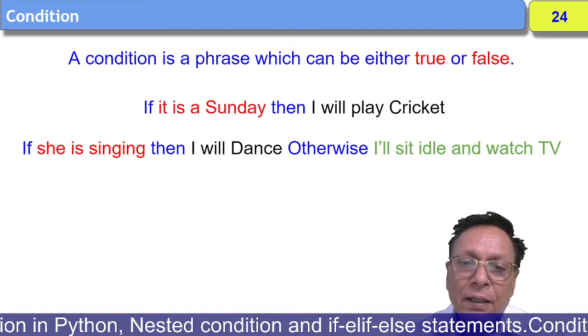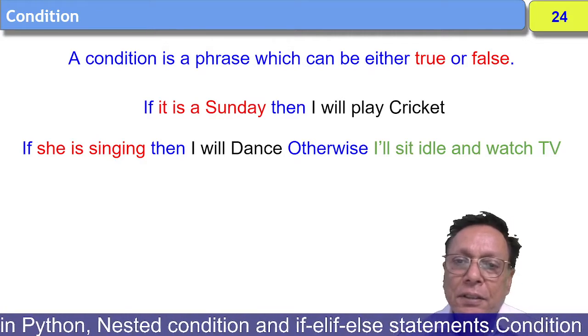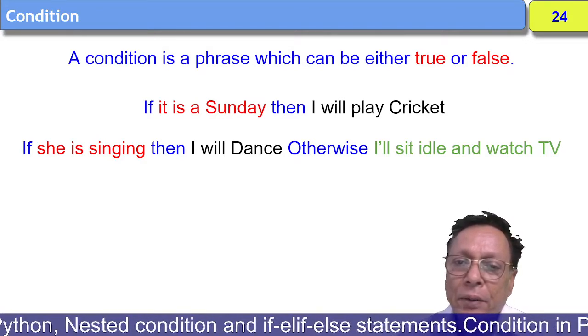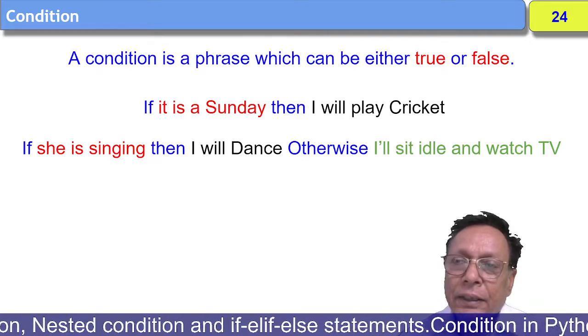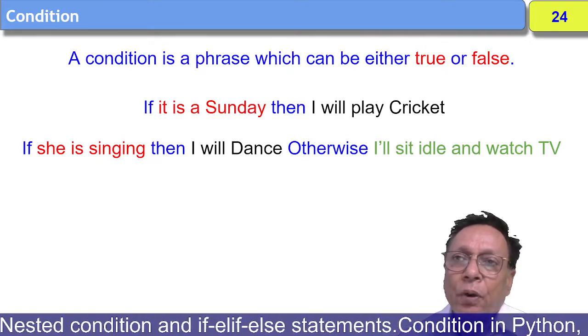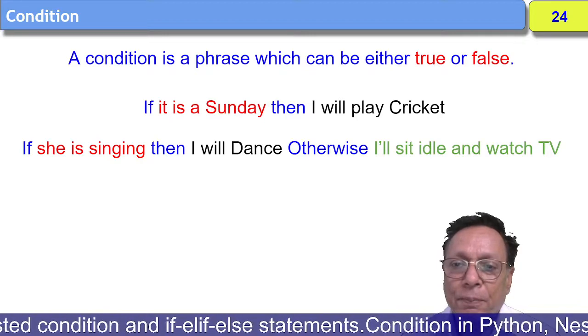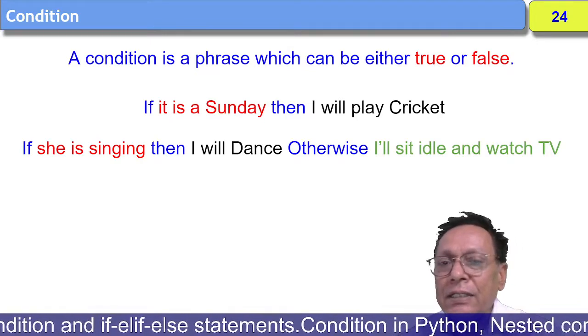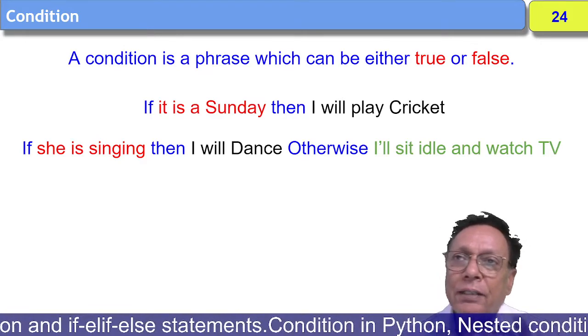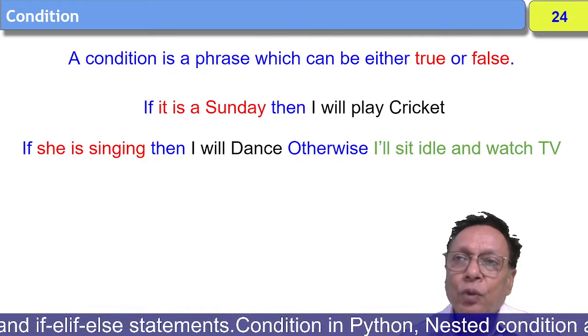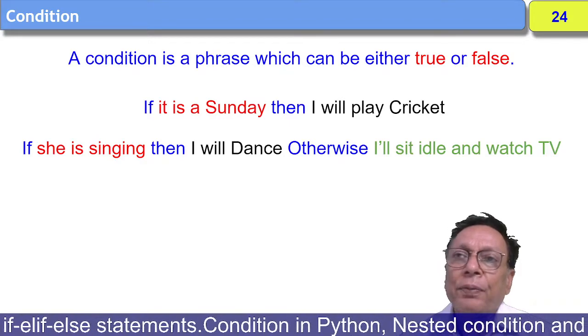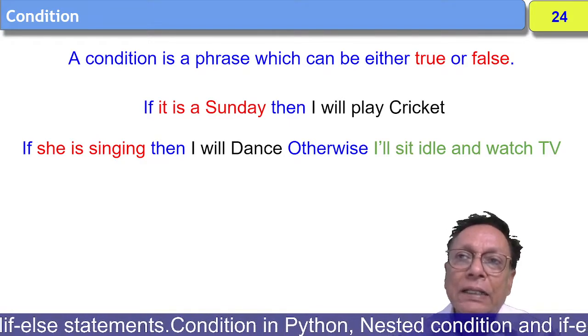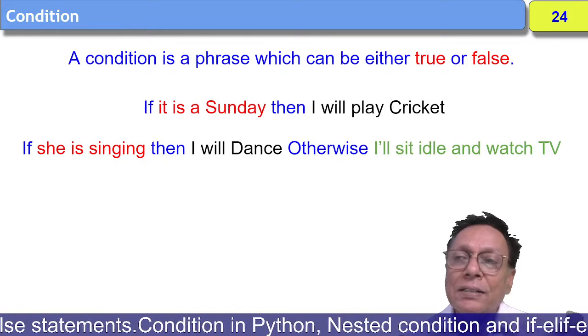So here, she is singing is a condition, and depending on the condition, the next statement is executed, like I'll dance. If you want to see me dancing, it means there is a condition: I will only dance when she sings.